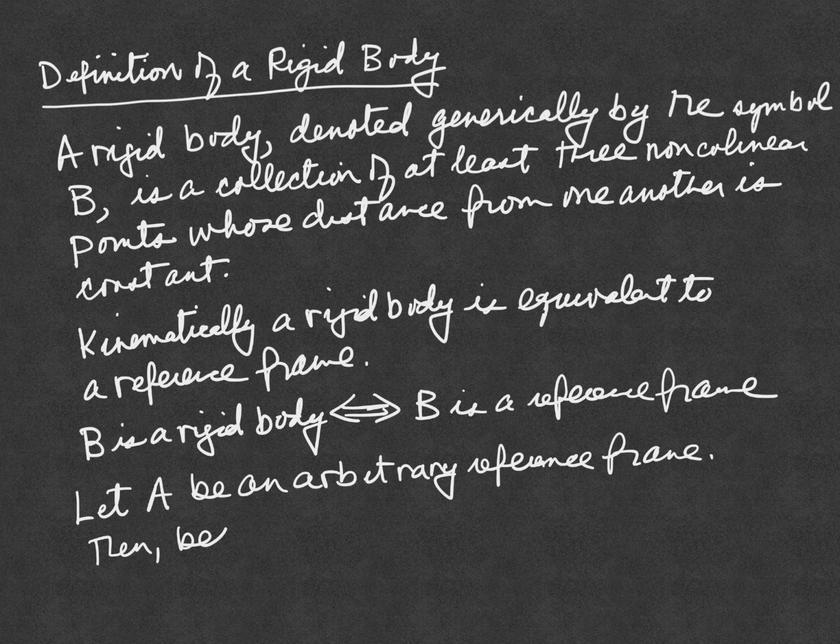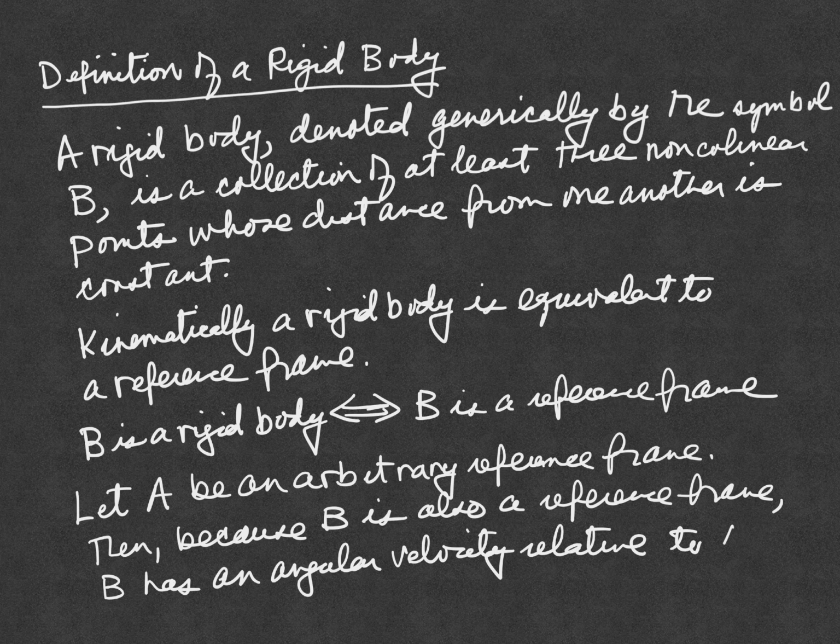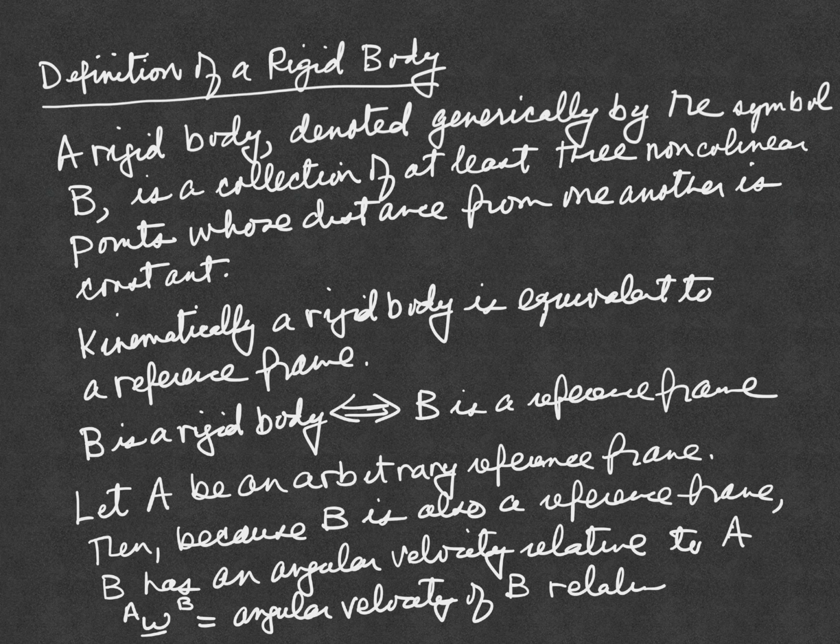Then, because B is also a reference frame, B has an angular velocity relative to A. So we can say that omega BA is equal to the angular velocity of B relative to A.